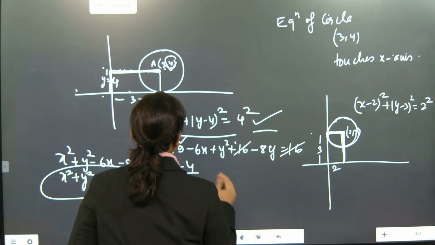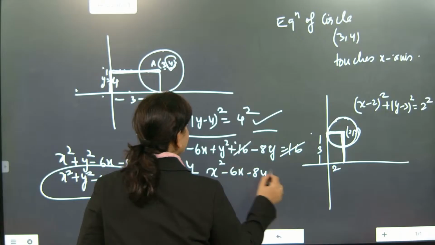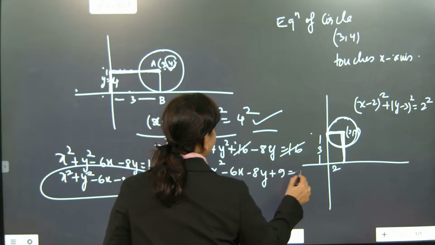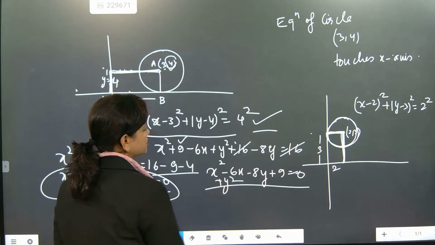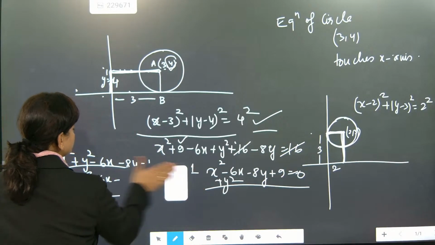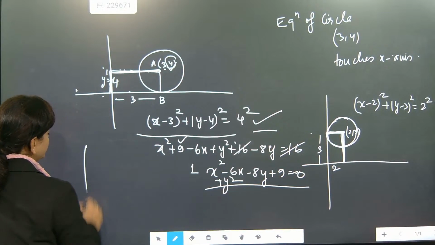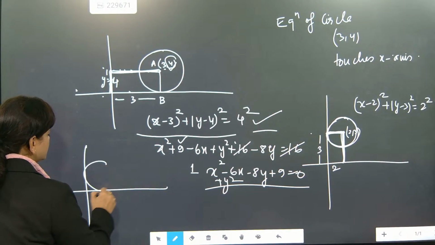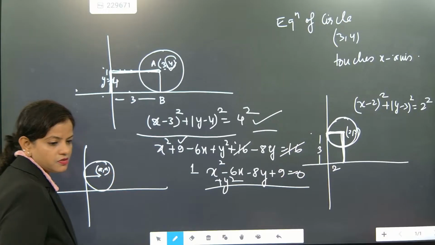Here it is coming x square minus 6x minus 8y plus 9 plus y square. This is coming as the equation of the circle. But what I am teaching you right now, just listen: if the center changes, the radius value will change accordingly.